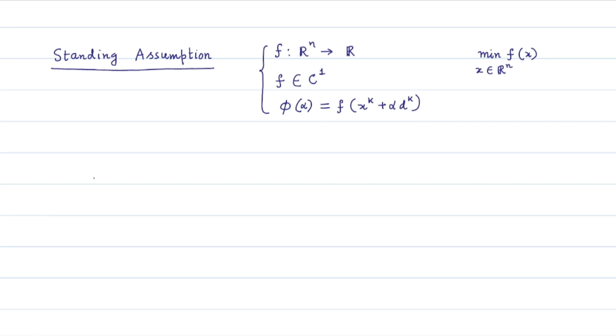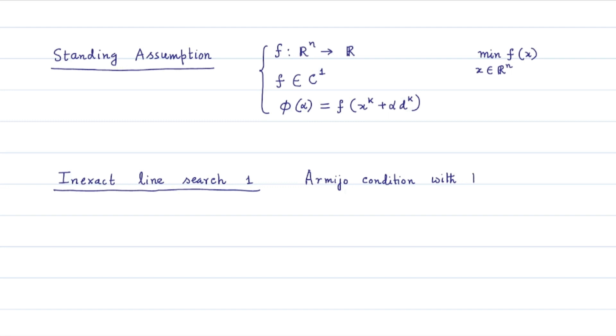The first inexact line search rule that I would like to describe is the Armijo condition, or sometimes people spell it Armijo, together with a backtracking rule. The Armijo condition is a condition that ensures a sufficient decrease of the objective function value.